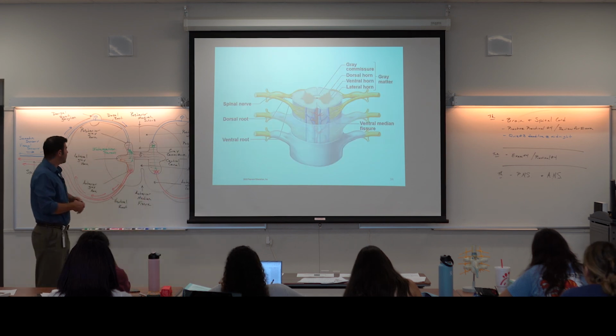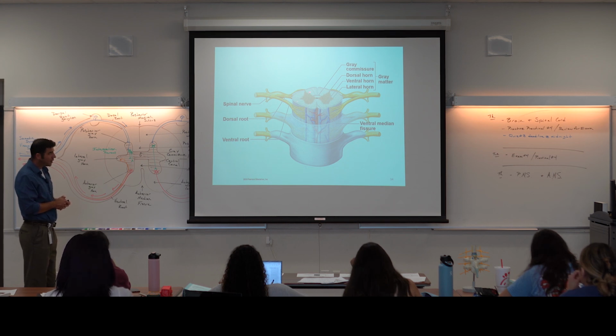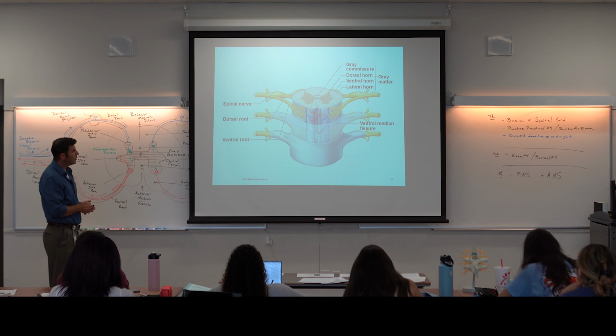So we've got those. Then we've labeled our spinal cord already. We've labeled spinal nerve, where the dorsal root and ventral root come together. As we approach the spinal cord, we can see this anterior gray horn and posterior gray horn, with the lateral gray horn off to the side. You can also see pia mater, arachnoid mater, and dura mater.